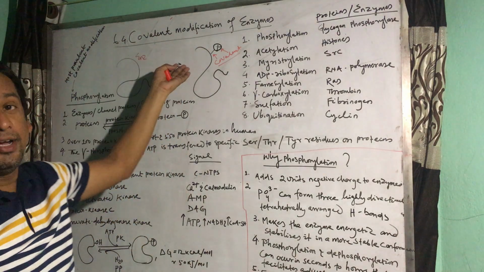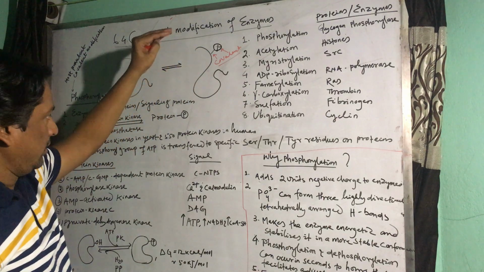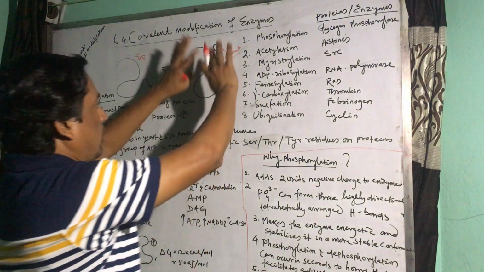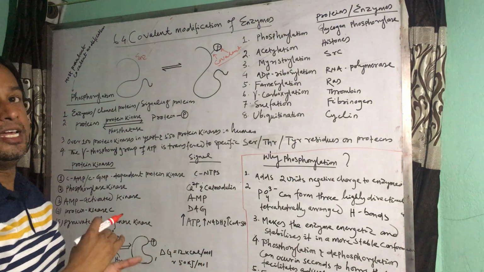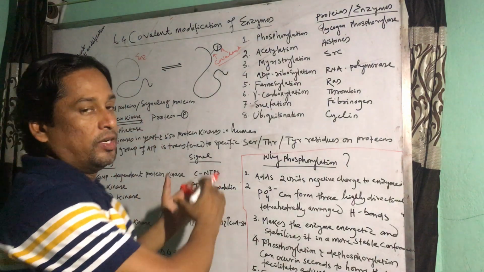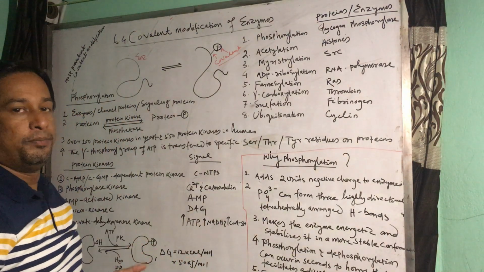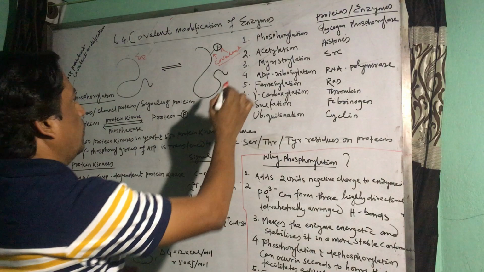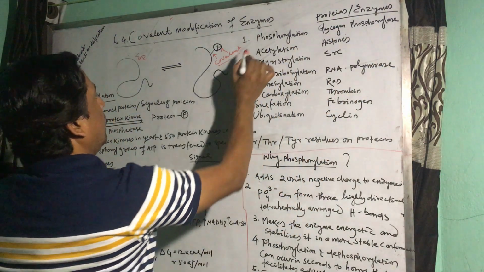And that covalent bonding with a different molecule, usually a small molecule, converts the protein from a conformationally inactive state to an active state where it can have better activity. So these are some of the examples of covalent modification.